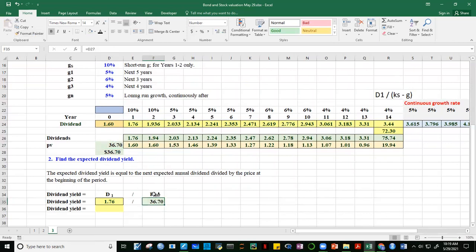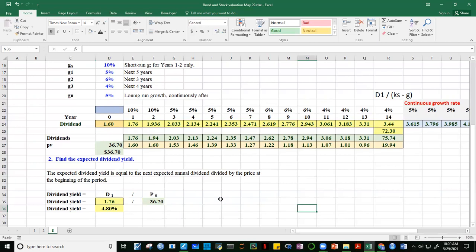The dividend yield is equal to this divided by this, so the dividend yield is 4.8%.